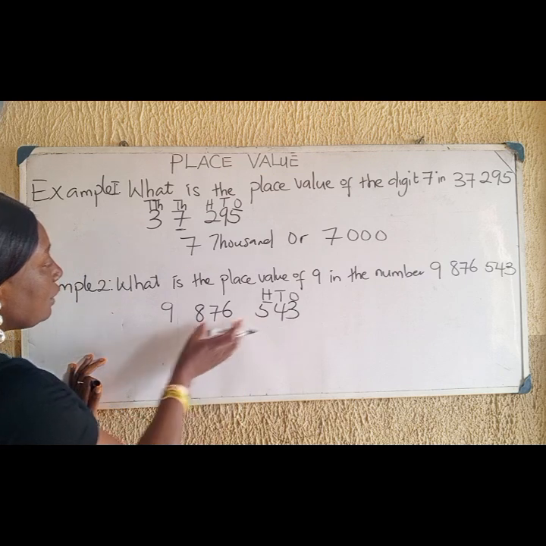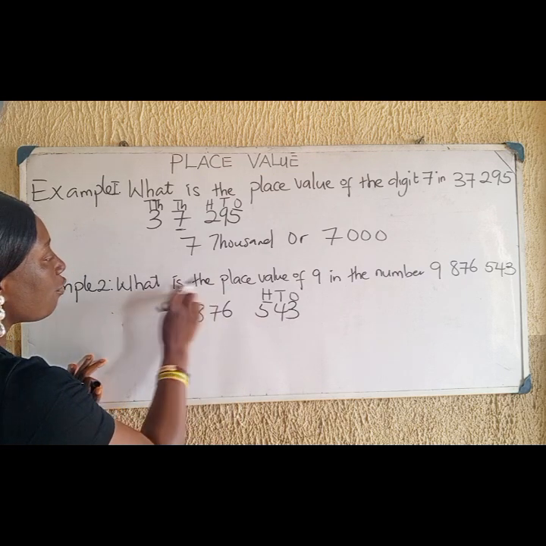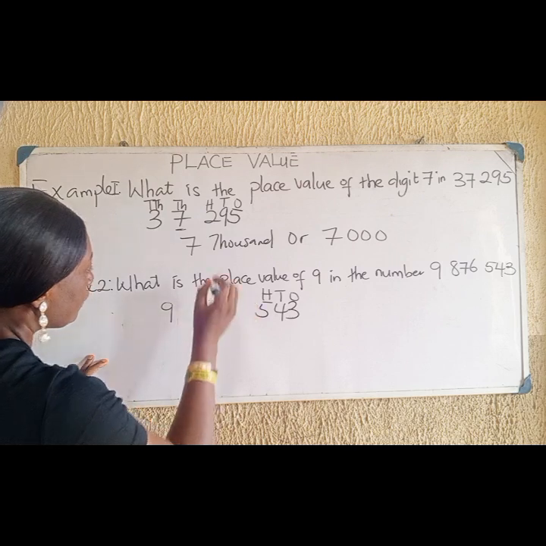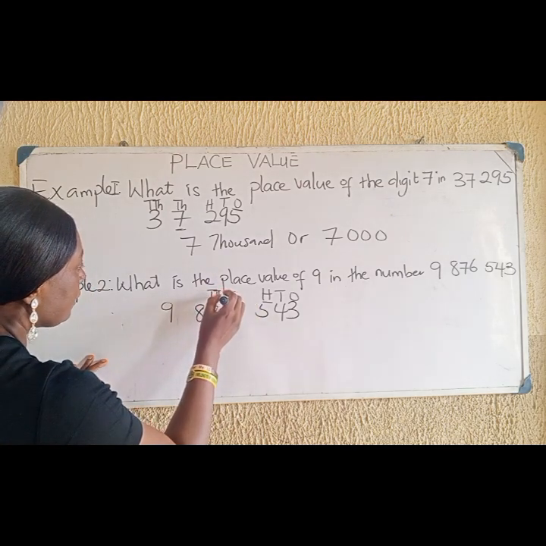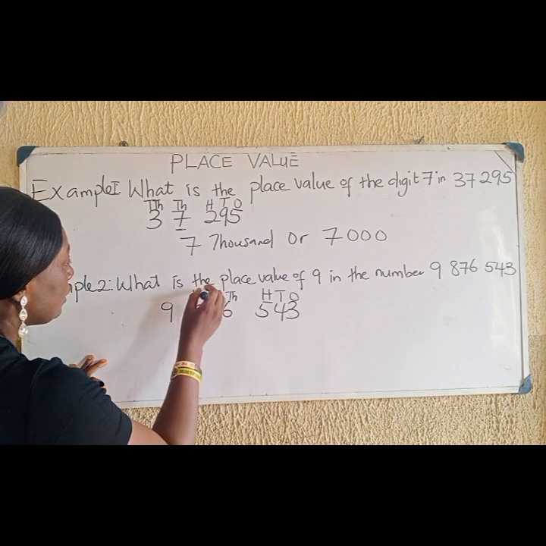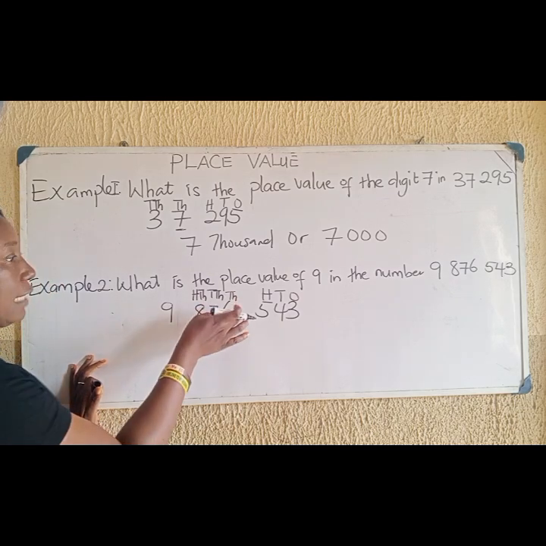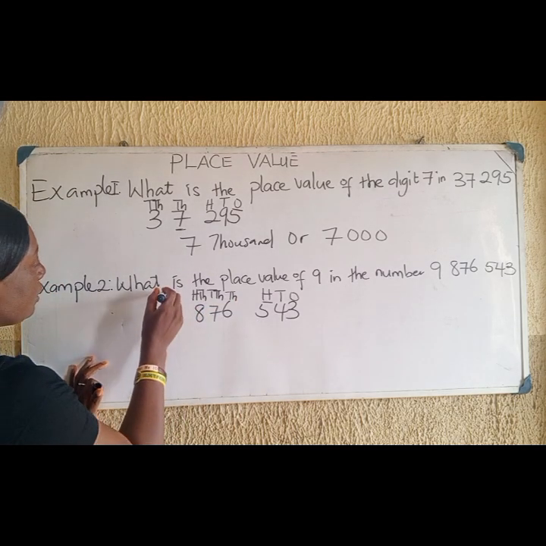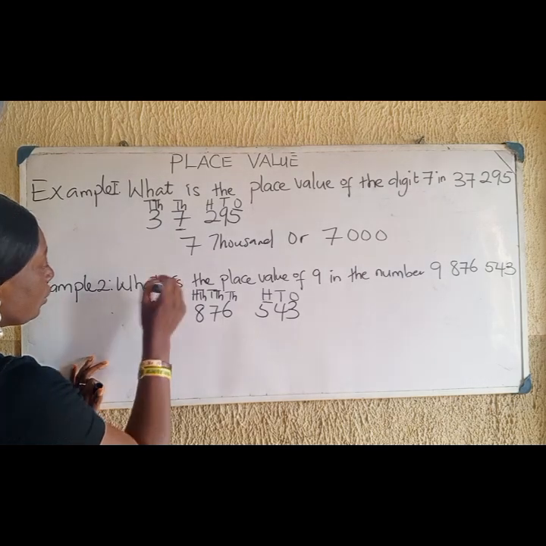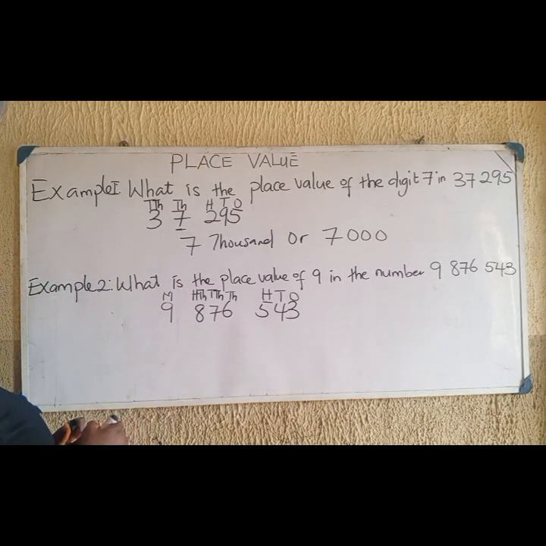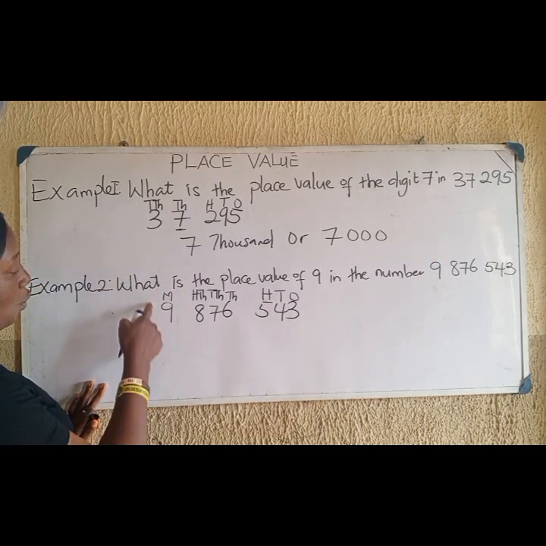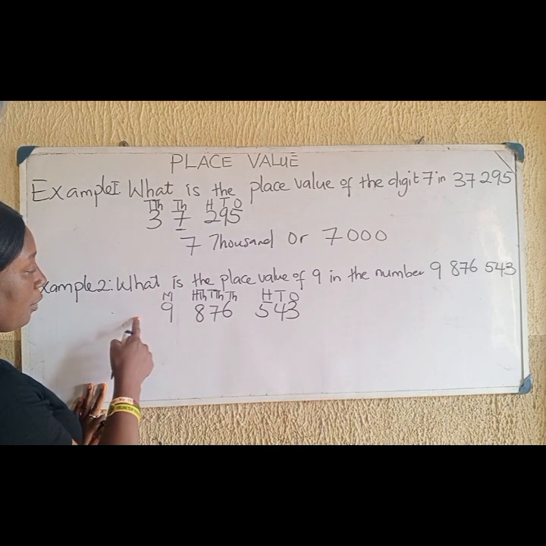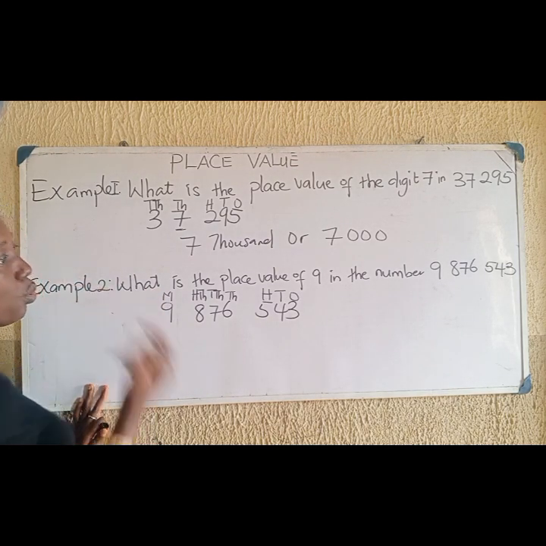After this one, the next one is what? Column of what? 1,000. And this is 1,000, this is 10,000, and this is 100,000. After 1,000 will be what? Million. That is 1 million under units. If we have another number here, you call it what? 10 million. Another number, 100 million, and so on.